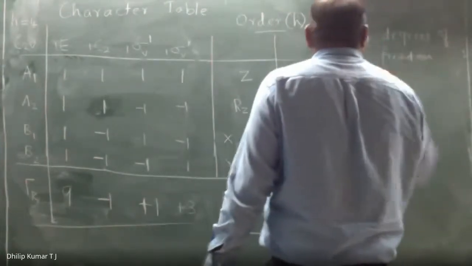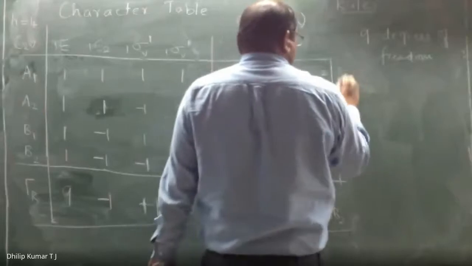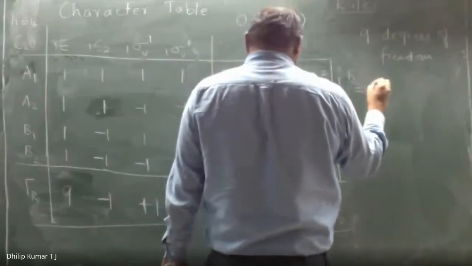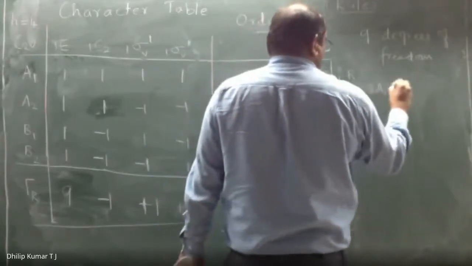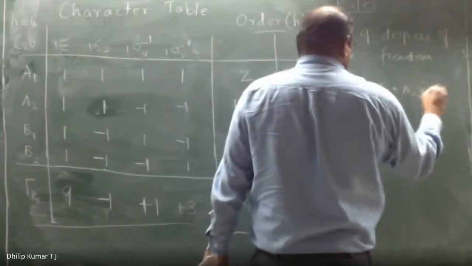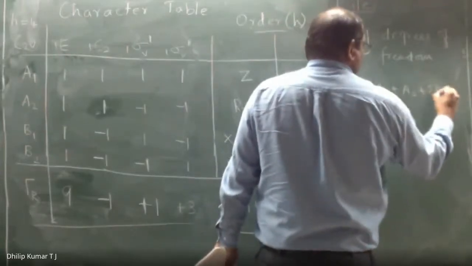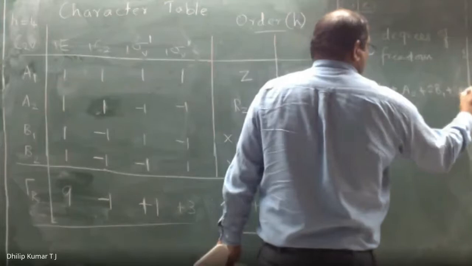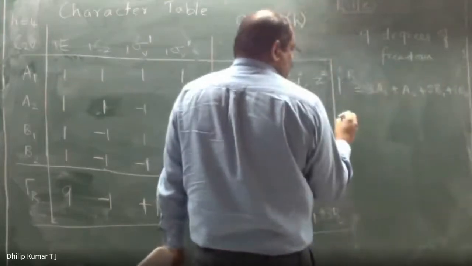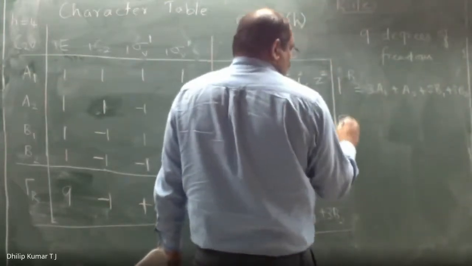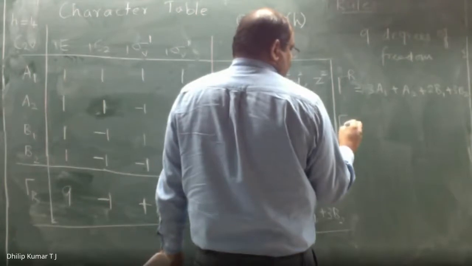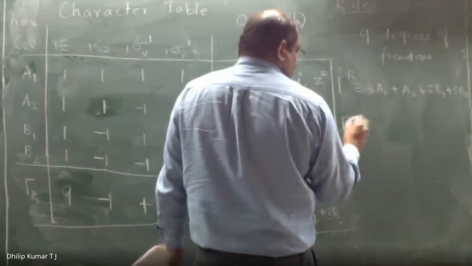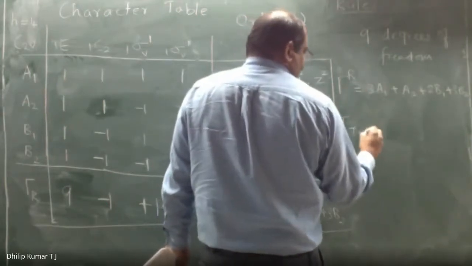Okay, so I can write it's 3A1 plus A2 plus 2 times B1 and 3 times B2. So out of that, I remove the translational and rotational.